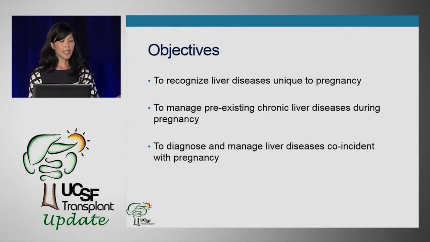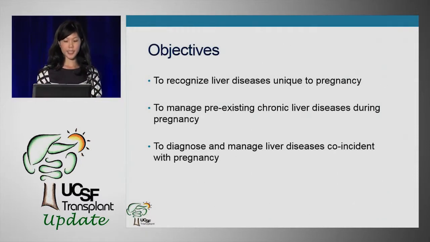So today, I'd like to cover a couple of topics: to recognize liver diseases that are unique to pregnancy, but also, perhaps more importantly and more commonly, to manage pre-existing chronic liver diseases during pregnancy, and then finally to diagnose and manage liver diseases that are coincident with pregnancy.